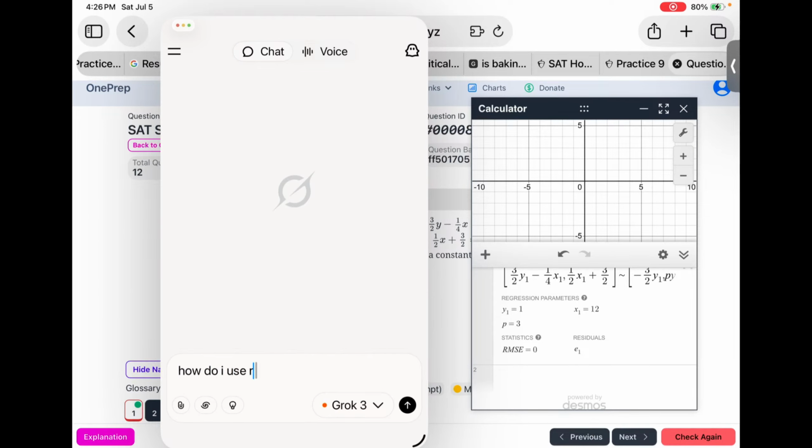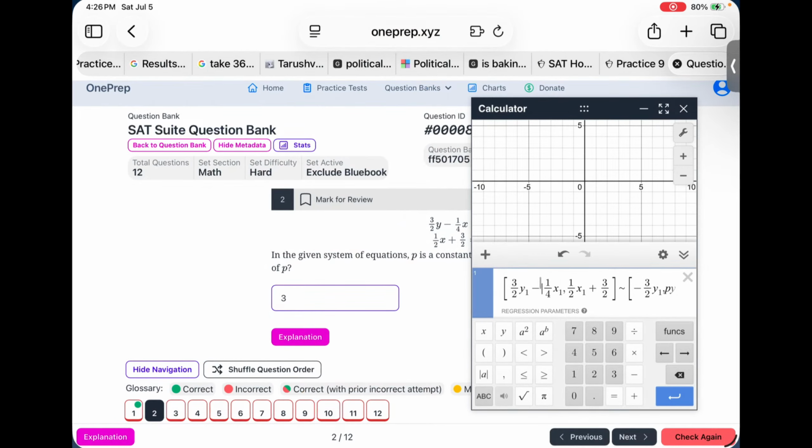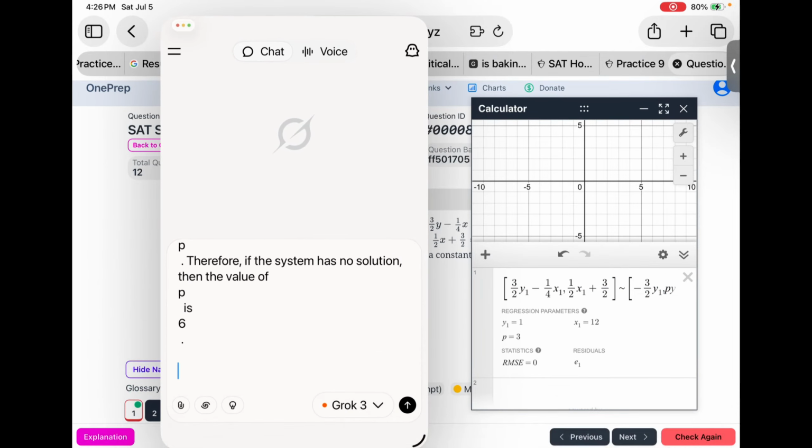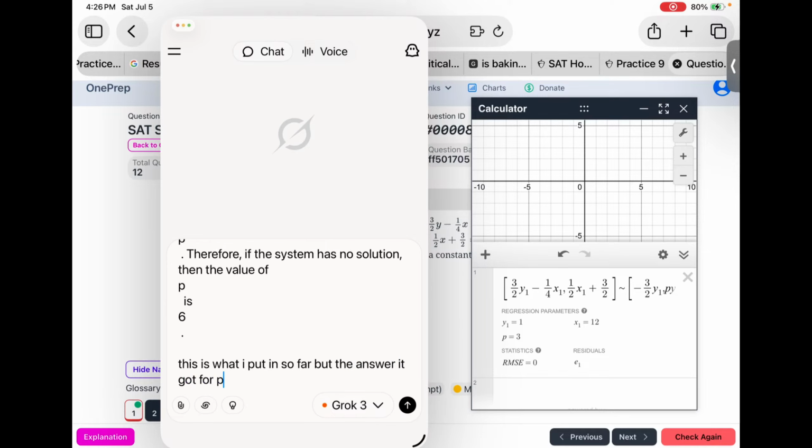How do I use regression on Desmos to solve this problem? So that's the explanation of the problem. And then this is what I put in so far, but the answer for P was incorrect.